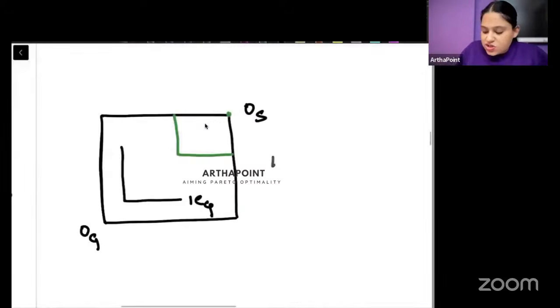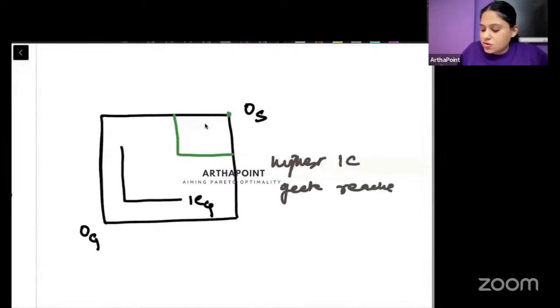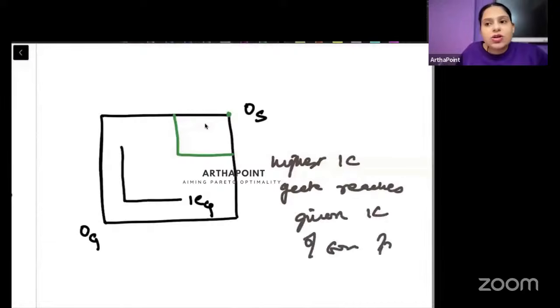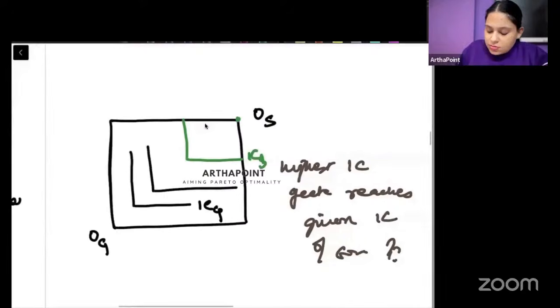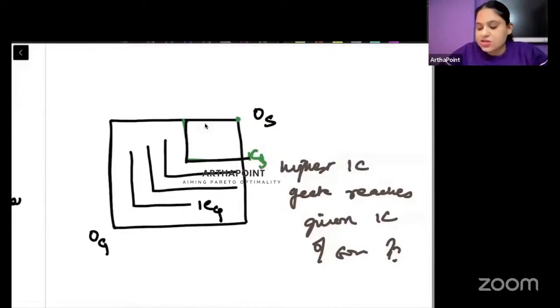And we are asking which is the highest indifference curve Geeta reaches, given the indifference curve of Sara. That was what Pareto optimality meant. You have to reach the highest indifference curve given the indifference curve of the other person. So you start going up. And you coincide with the indifference curve of Sara because both have the same kink point.